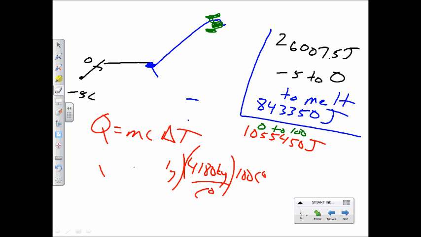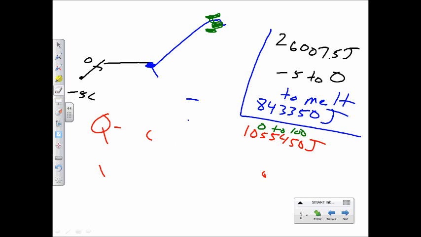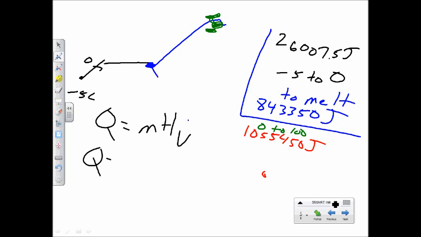Now we got to steam it out. And the way we're going to steam it out is we're going to go Q equals M times what? HV, heat of vaporization. So Q equals 2.525 kilograms.